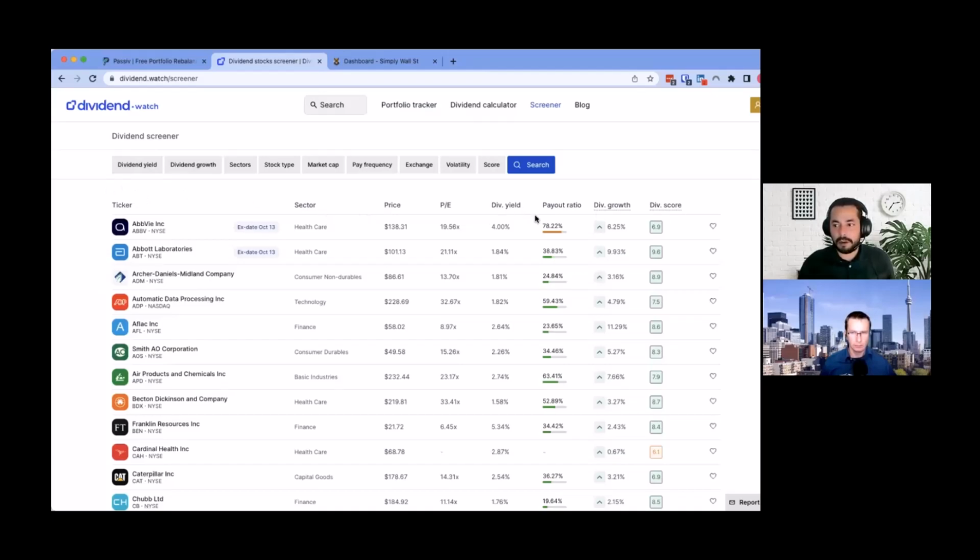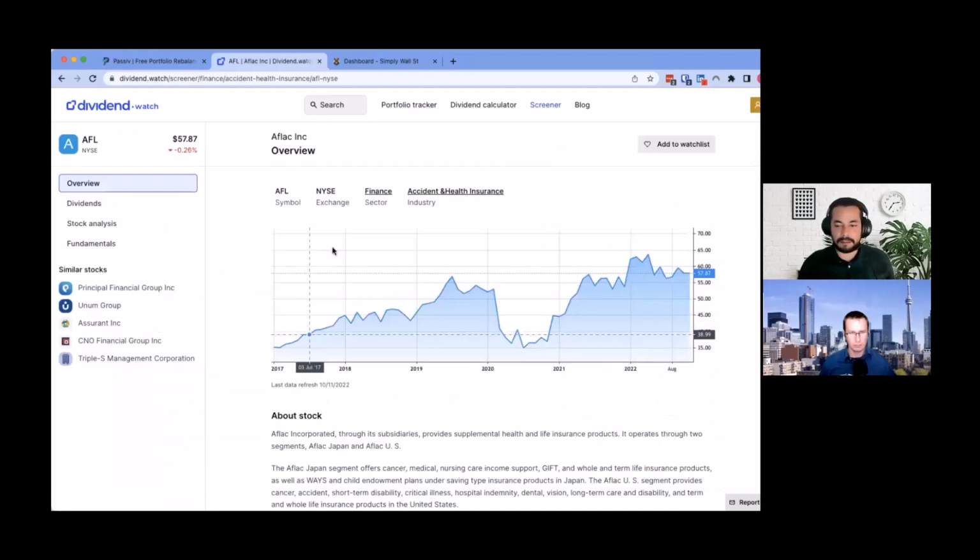Not only do they show you the regular fundamental metrics when you're looking for stocks, they also give you an indication or a score of how likely it is that the company you're evaluating is going to continue paying dividends. In this case, let's pick on, I don't know, Aflac. They seem to have a really good dividend score.